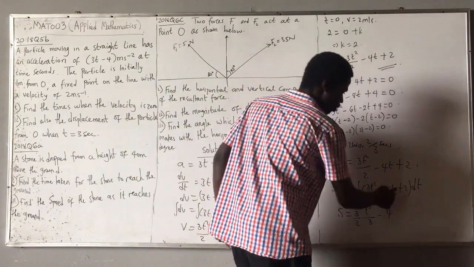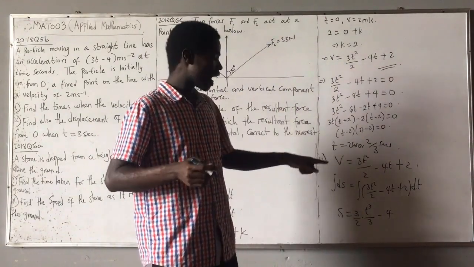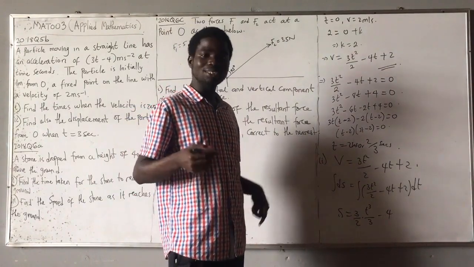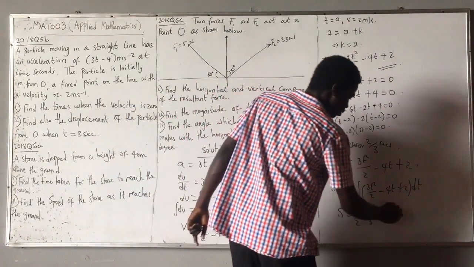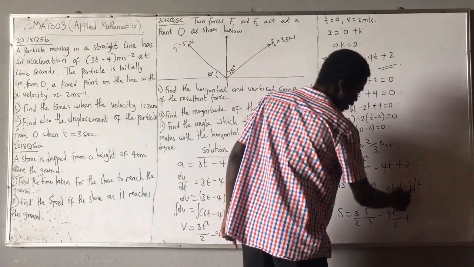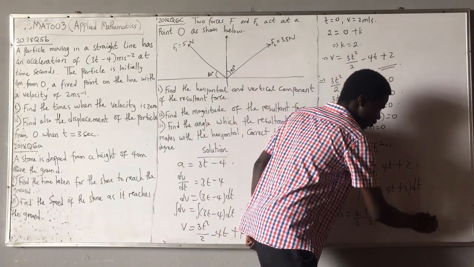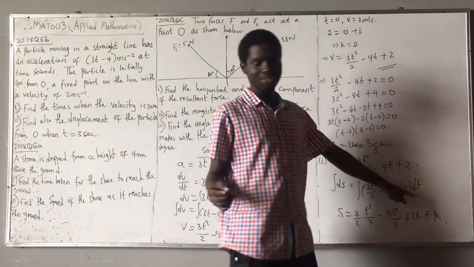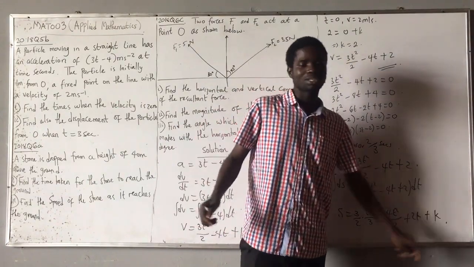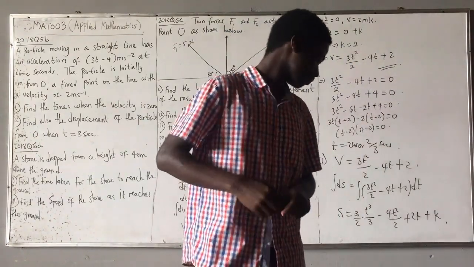Minus 4t: add 1 to the power of t, that is t raised to power 2, all over 2, so 4t squared over 2. Plus, whenever you have a constant, put t beside it, 2t. And don't forget, when you are integrating 2, the answer is 2t plus a constant of integration.